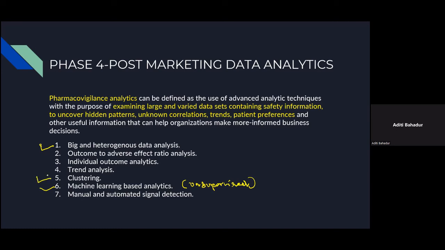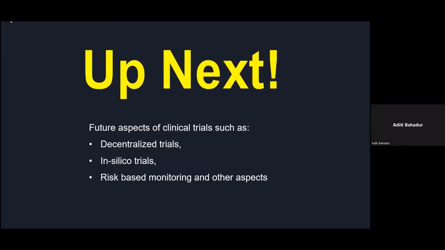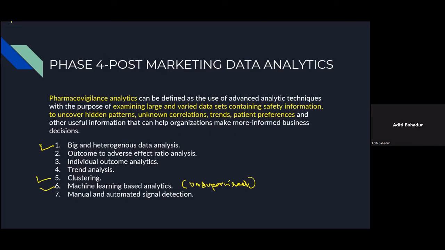In the sense that if a side effect is reported, then it is clustered together, sorted together with the likelihood. And from there the clusters can be statistically analyzed to understand whether more side effects are occurring in a certain population, or other kinds of trends.